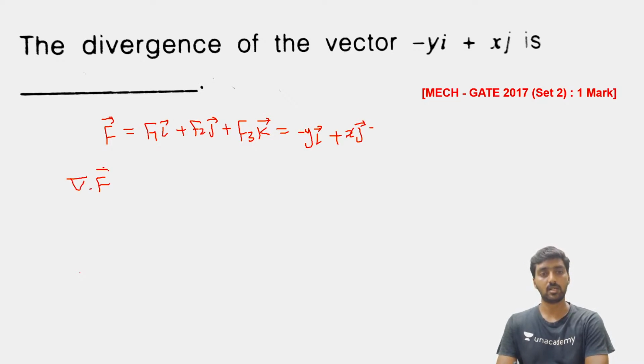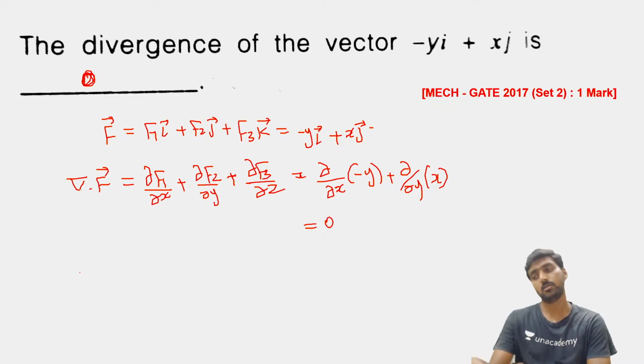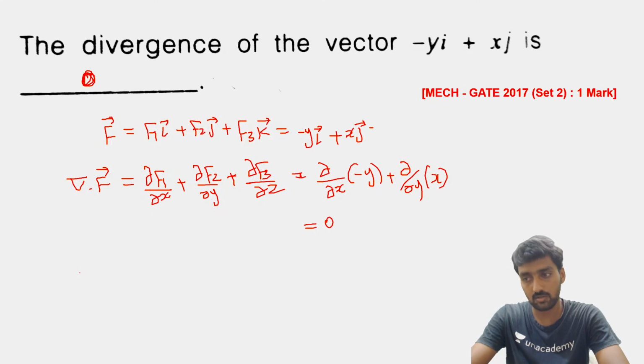Del dot f vector is equal to dou f1 divided by dou x plus dou f2 divided by dou y plus dou f3 divided by dou z. Therefore dou divided by dou x of minus y plus dou divided by dou y of x. It's completely 0. 0 is the right solution for this question.